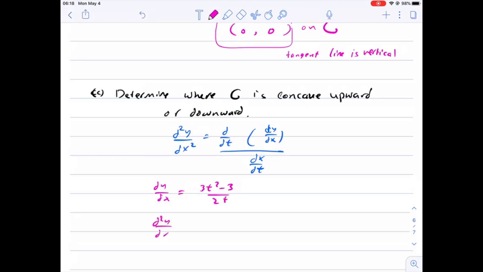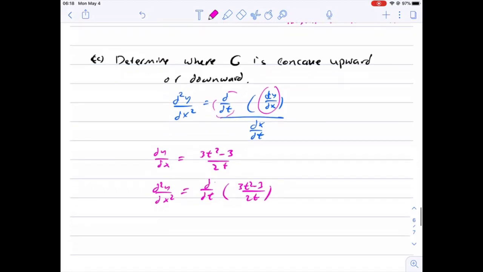Now, the second derivative of y with respect to x squared is d over dt of (3t squared minus 3) over 2t, all divided by dx over dt, which is 2t.